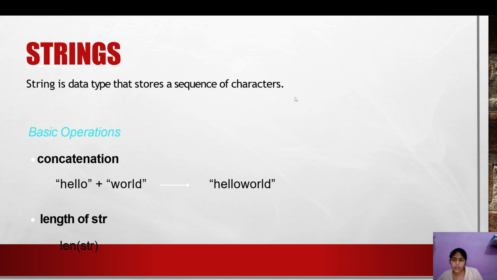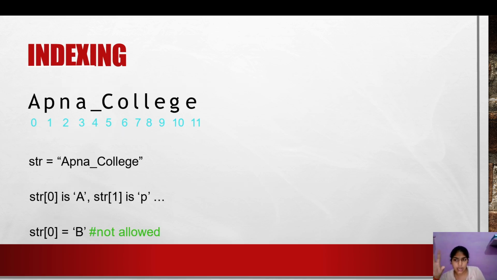So here is the string we have done, and now here comes indexing. So basically, what is indexing? Indexing is like whenever you are in a row, you have your order number. You are in a row, and in that row your order number is 10. So basically 10 is your index in that particular row.